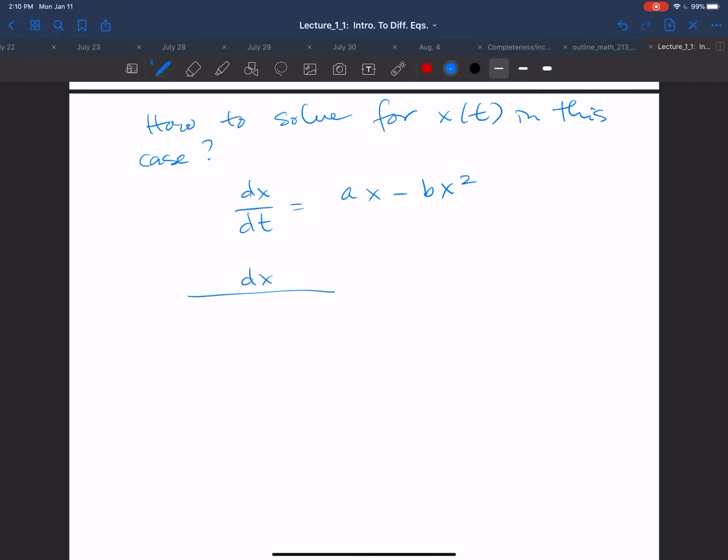So in particular, we can write dx over ax minus bx squared equals dt. Okay. So now we should simply be able to integrate both sides of the equation and get an algebraic equation relating x to t.